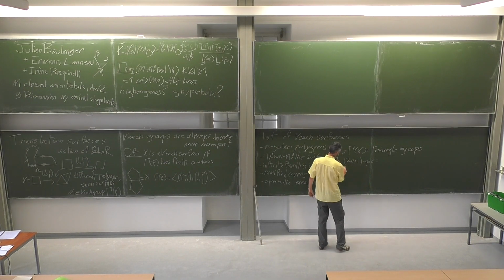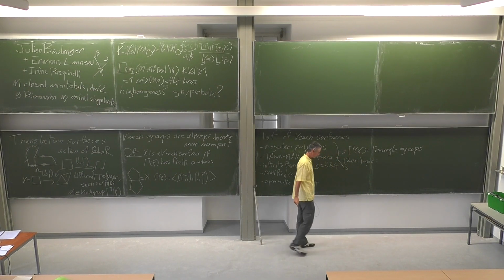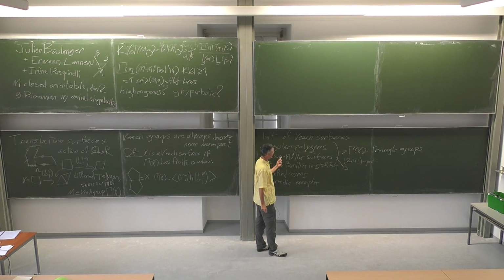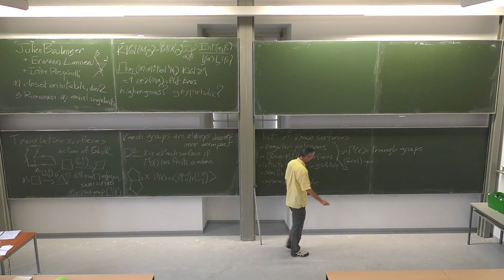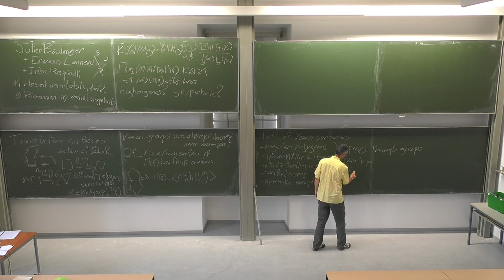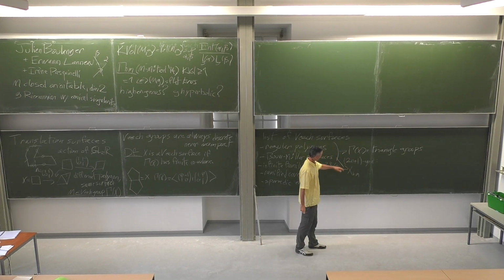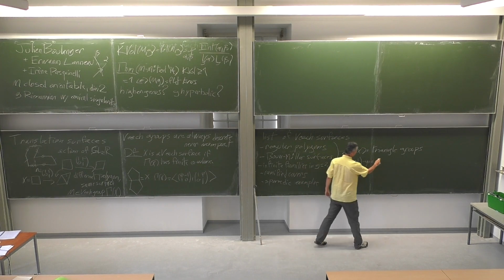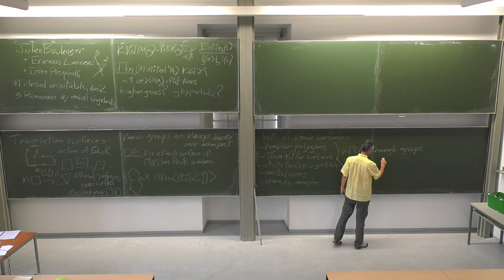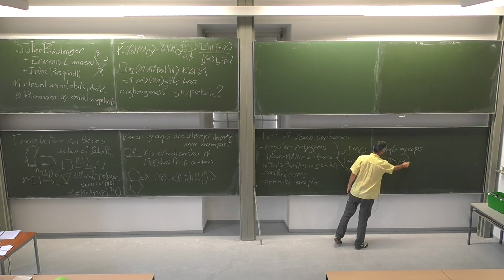So the Boole-Muller surfaces is an infinite family with 2 integer parameters. So I'm going to call them x, n, m. And in this case, the triangle group comes from the triangle 2, n plus 1, infinity.